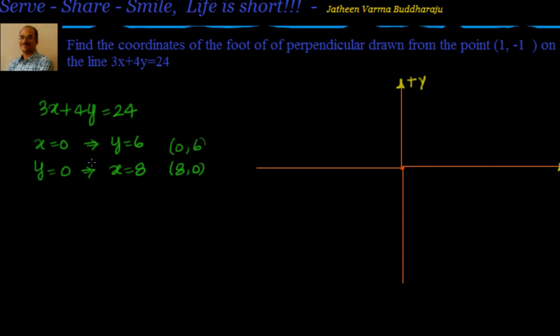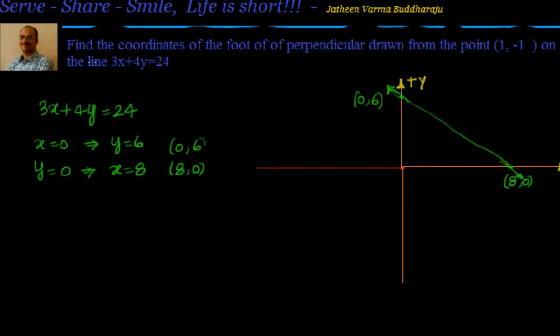You know that they are nothing but intercepts. So (8, 0) is somewhere here and (0, 6) is here. If you join these two, you will get the straight line 3x plus 4y equal to 24. So that's the line we have.